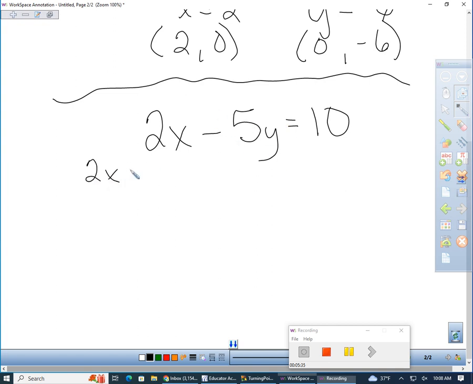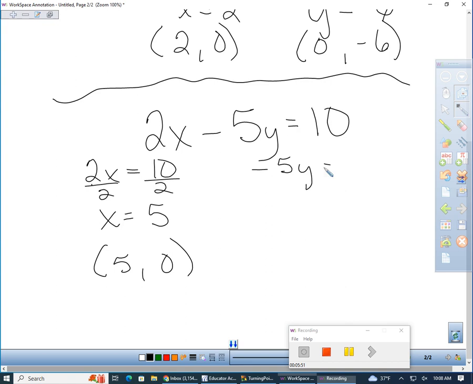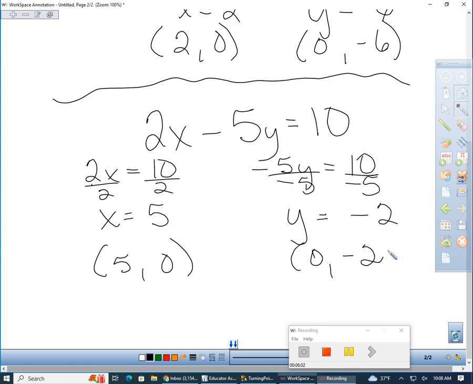I get 2x equals 10. Divide both sides by 2, and x equals 5, or the point 5, 0. Over here, I'm going to plug 0 in for x. It leaves me with negative 5y equals 10. Divide both sides by negative 5, and y equals negative 2, or the point 0, negative 2.